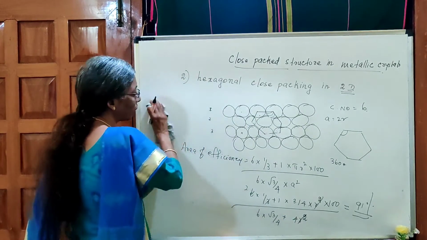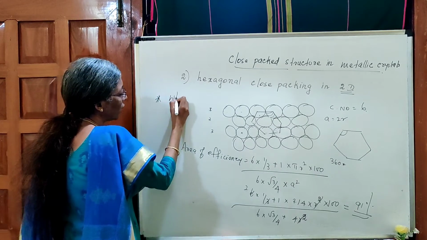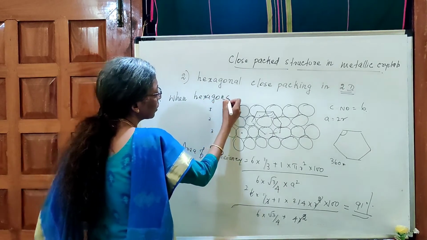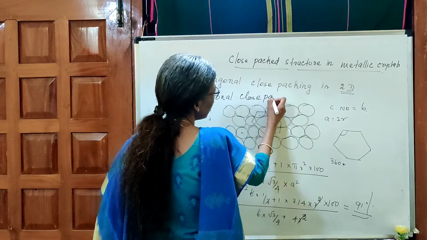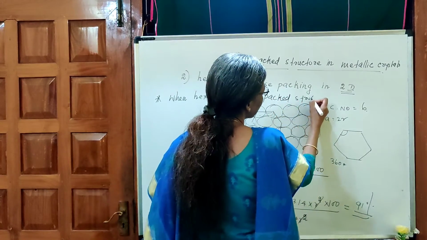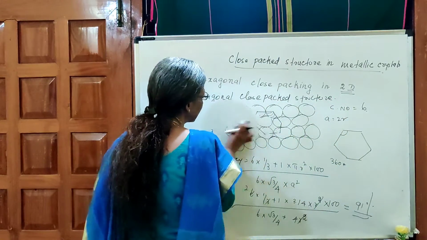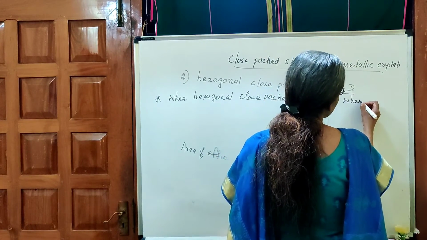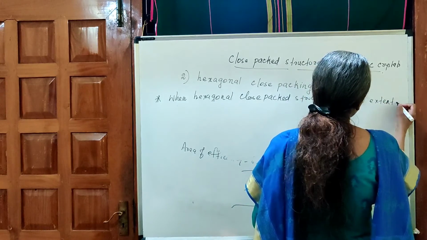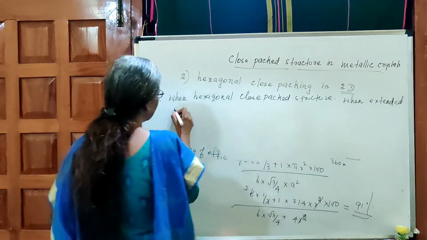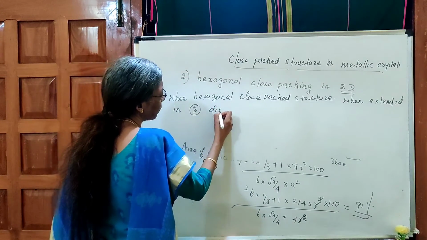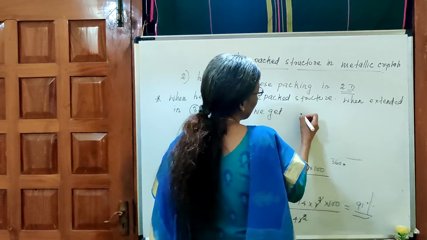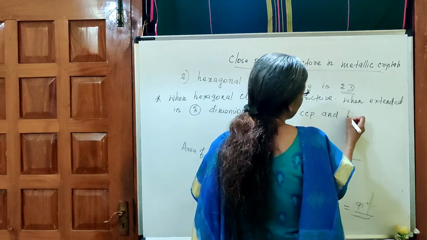Next, a very important point. When the hexagonal close packed structure is extended in 3 dimensions, we get the CCP and HCP structures.